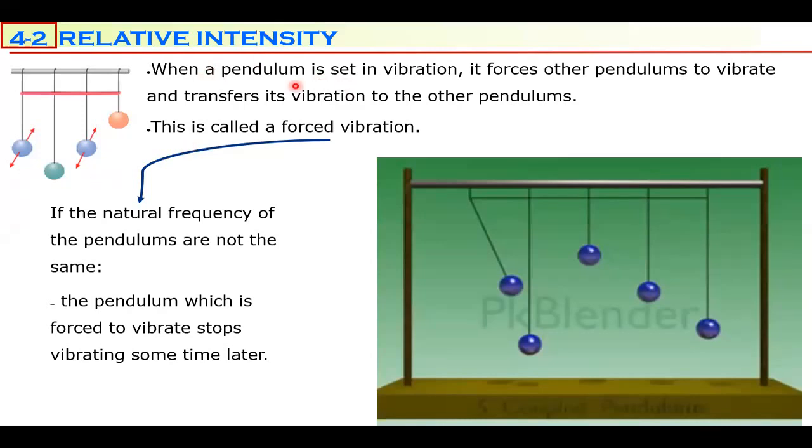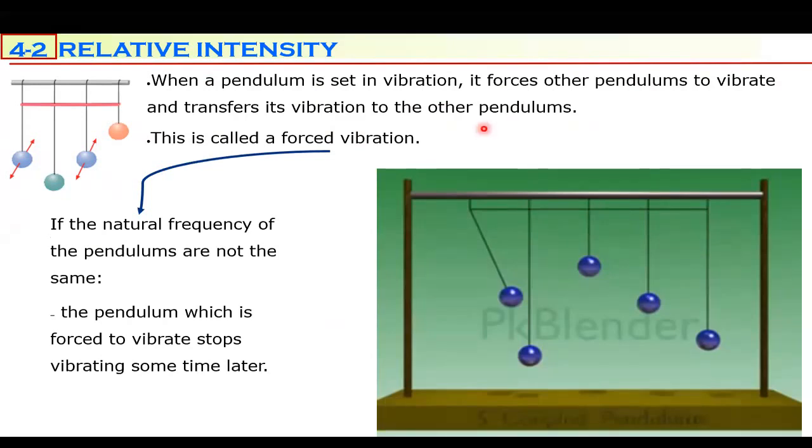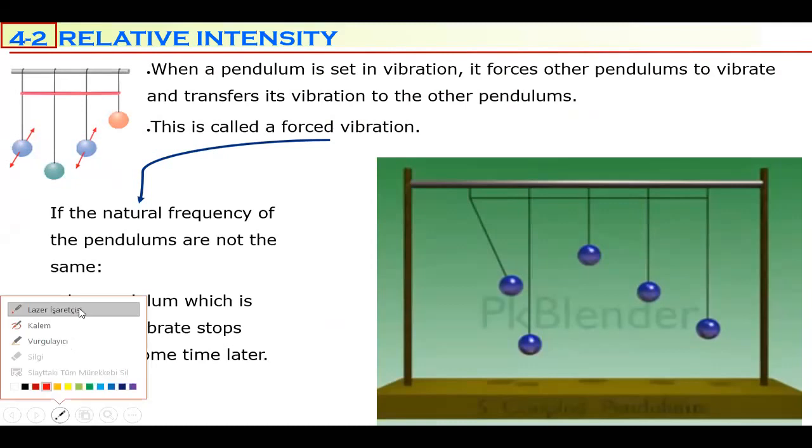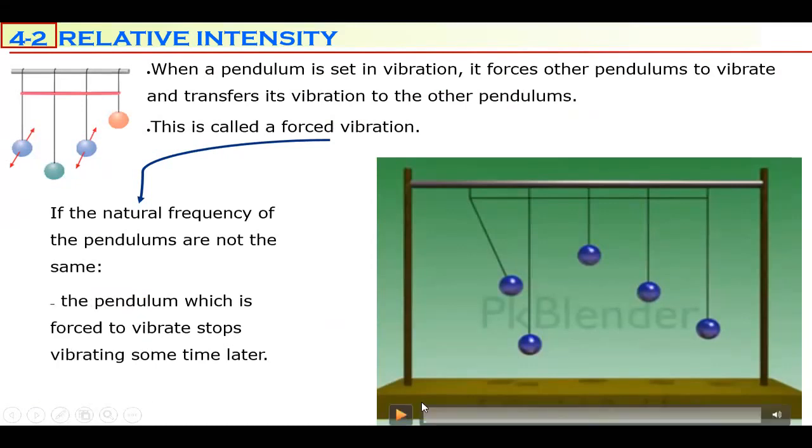When a pendulum is set into vibration, for example you set this pendulum into vibration, it forces the other pendulums to vibrate, because it transfers its vibration to them. This is called forced vibration, like in this video. So if I show it to you, it is going to be this way. Yes, now this is vibrating.